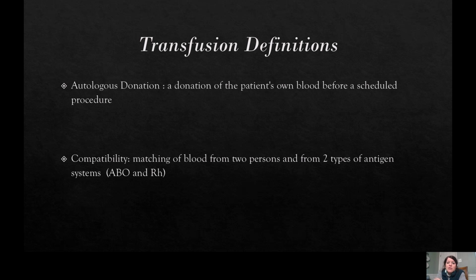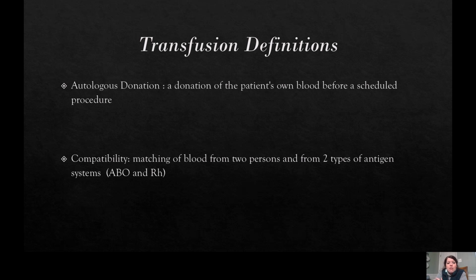So if they have scheduled surgery, your body naturally reproduces blood if you lose a little bit. So a little bit ahead of their surgery, they can donate their own blood. It can be stored. Their body will build back up a little bit of that blood that they have donated, and they can receive their own blood in a blood transfusion during surgery.